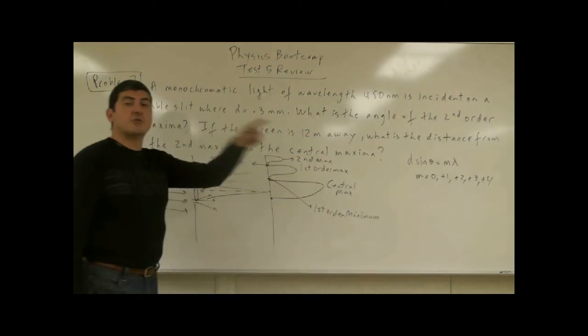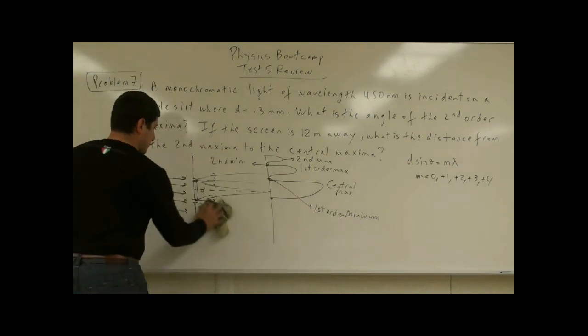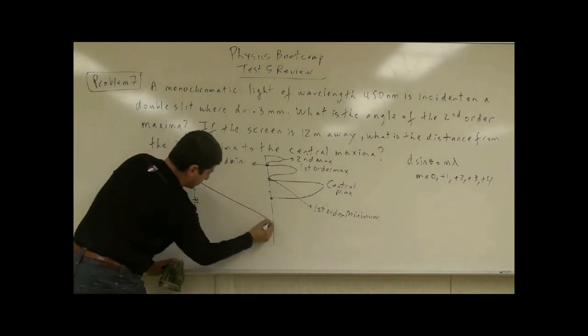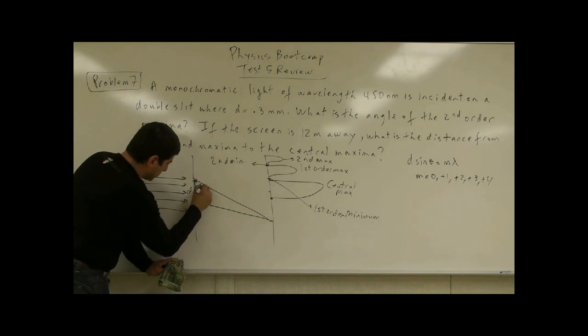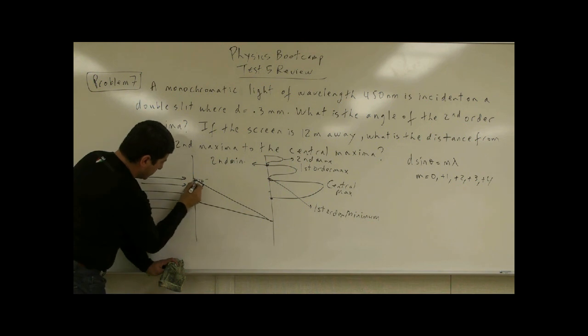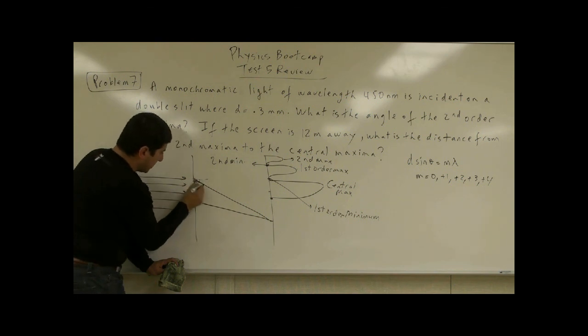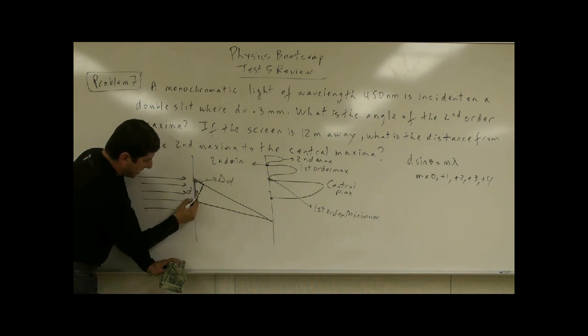So d sine theta represents the difference of the path lengths taken by the two light rays, right? Where does that come from? Well, basically, if this is going to travel a certain distance and this is going to travel a little distance, this distance here is d, and if I make a triangle here like this, and this angle is theta, then this light ray is going to travel a longer distance, delta d, equal to d sine theta, the opposite of that angle.